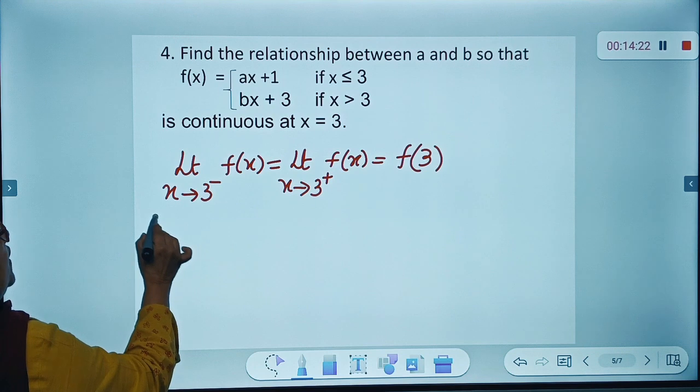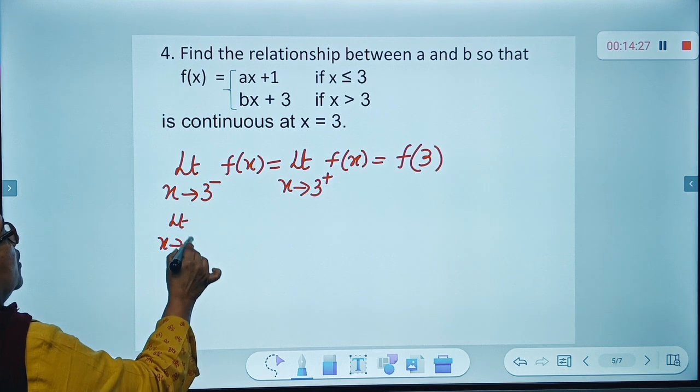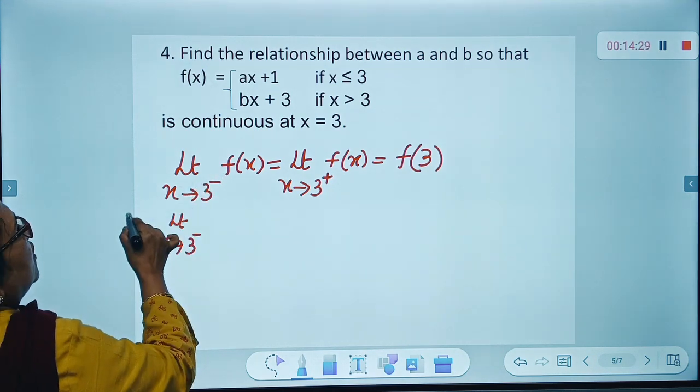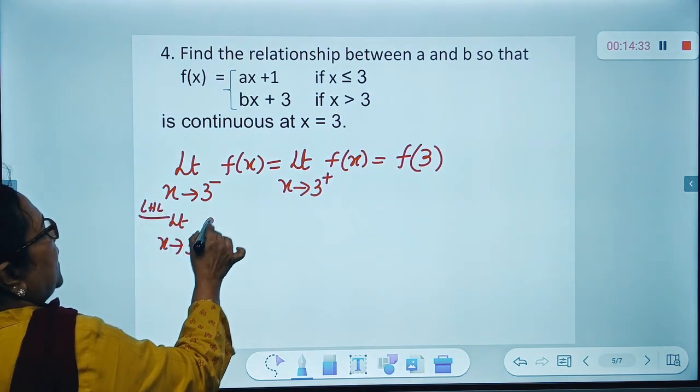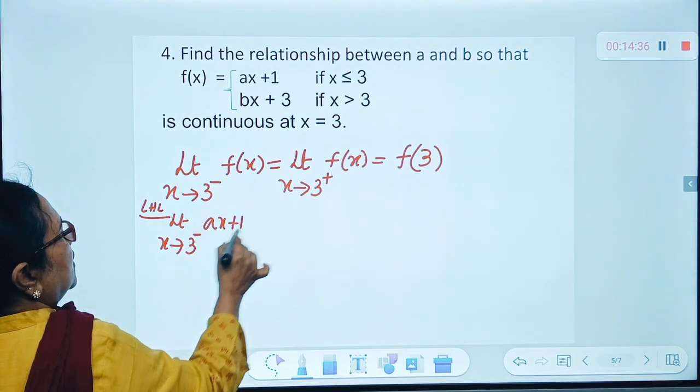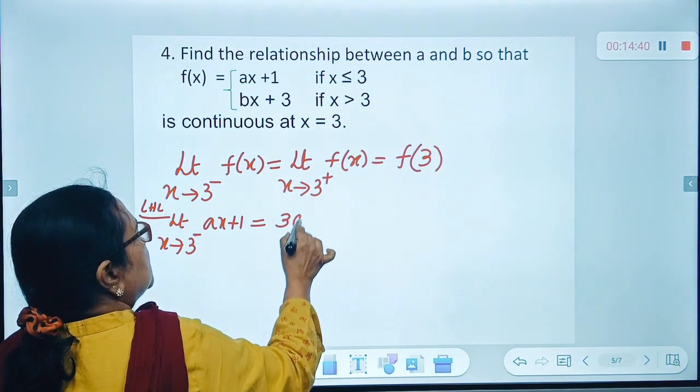Now the left hand limit is what? Limit x tending to 3 minus of ax plus 1, which is equal to, when I put x equal to 3, 3a plus 1.